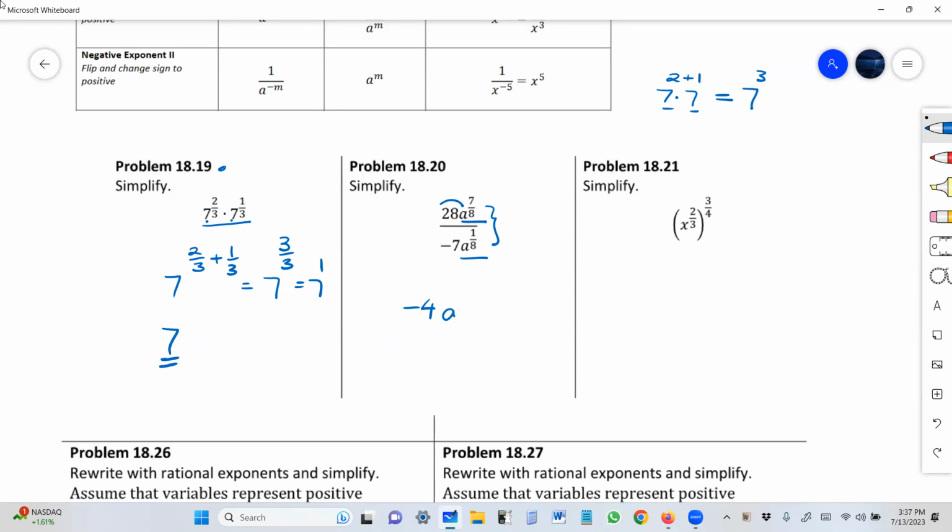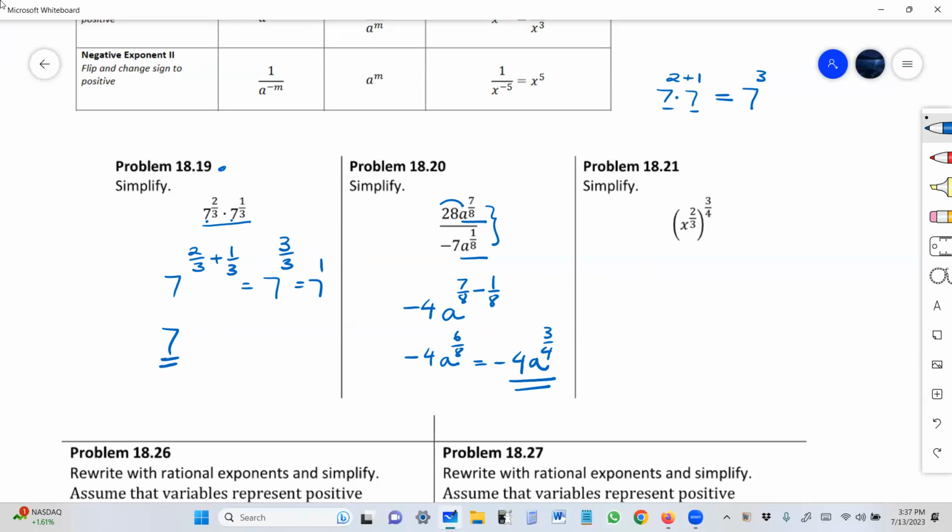So this will be 7 to the 7 over 8 minus 1 over 8. So minus 4, a 6 over 8, and simplify the fraction. So we can simplify by 2, 3/4. Okay, and this is my final answer.